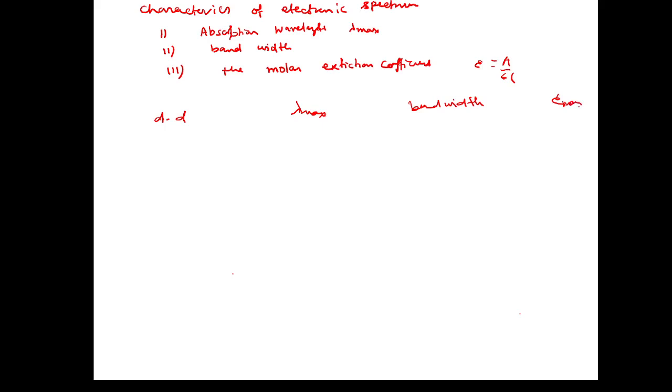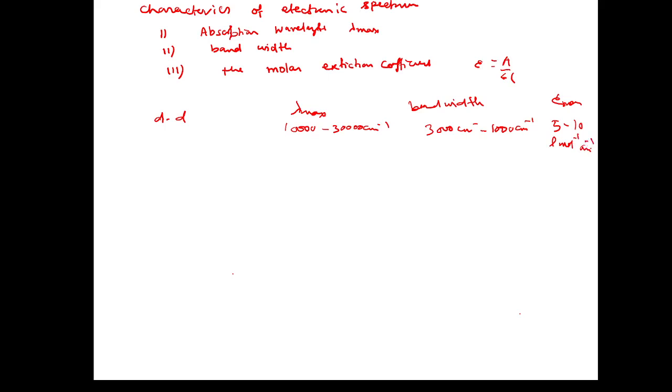For dd transition, lambda max will basically range from 10,000 to 30,000 centimeter inverse, their bandwidth will be on the order of 1000 to 3000 centimeter inverse, and their epsilon is very small, like 5 to 10 liter per mole per centimeter.